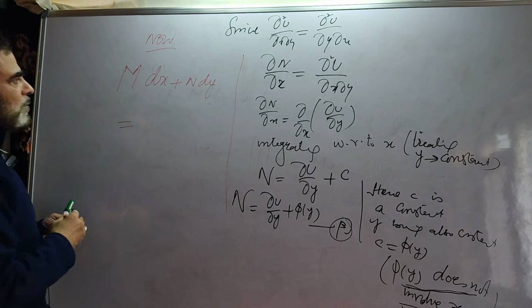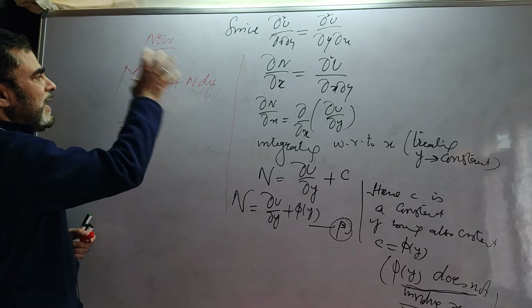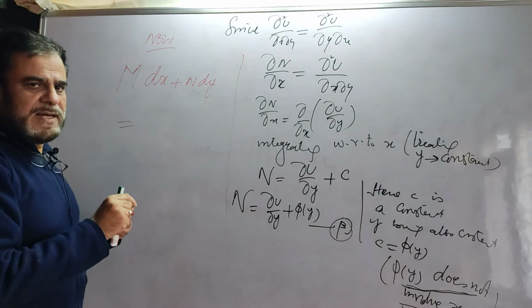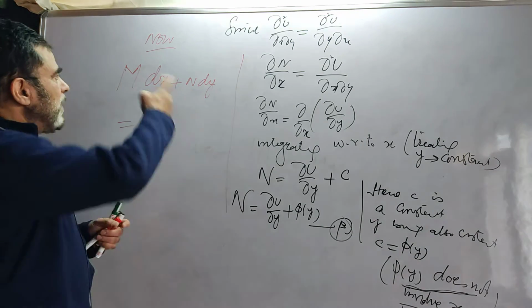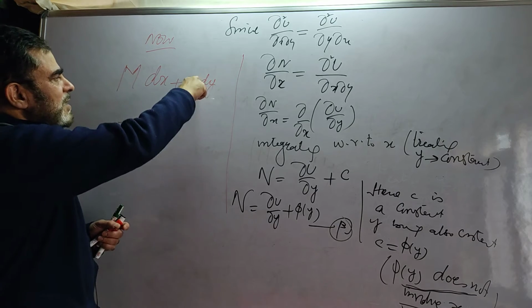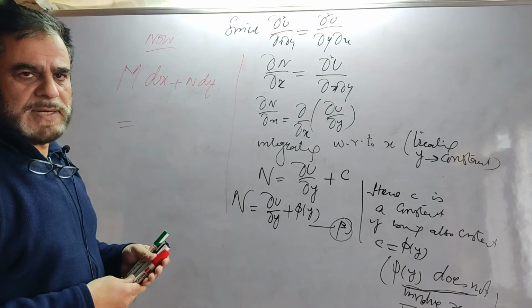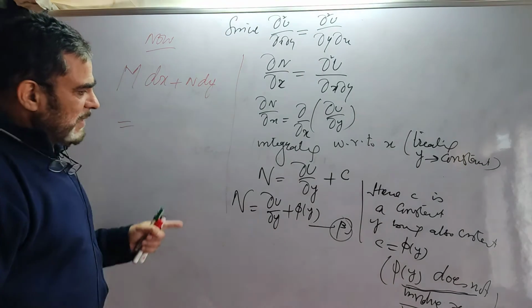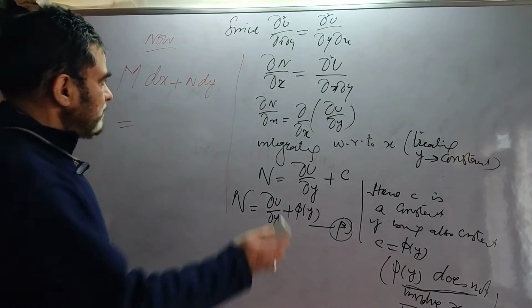What I have to prove actually is that this m dx plus n dy can be expressed as the exact differential of some function. Then partial of m with respect to y is partial of n with respect to x. When we take dou m by dou y equal to dou n by dou x. Well, so with this I have got alpha, where I have found m, and this is your n.